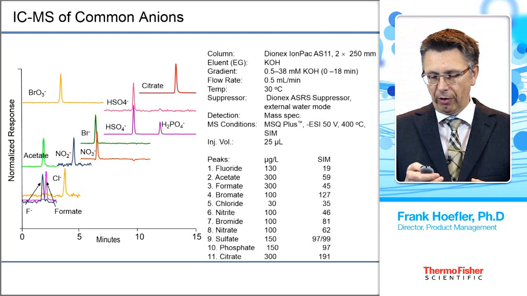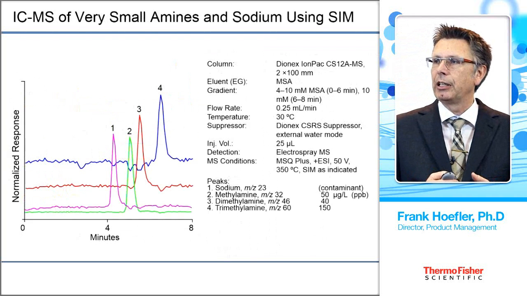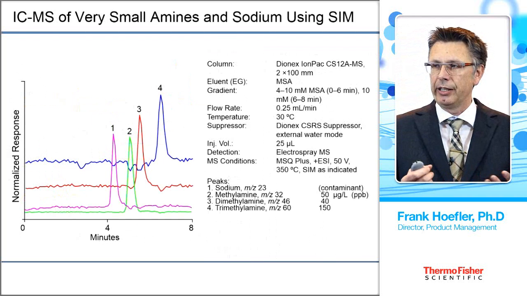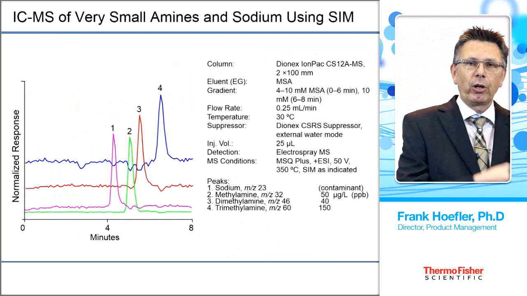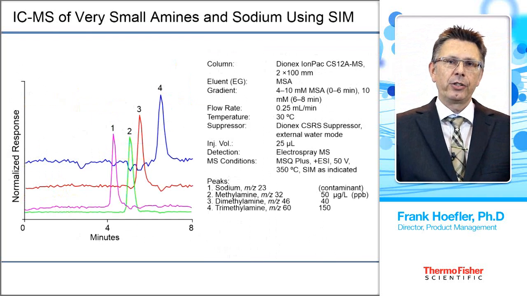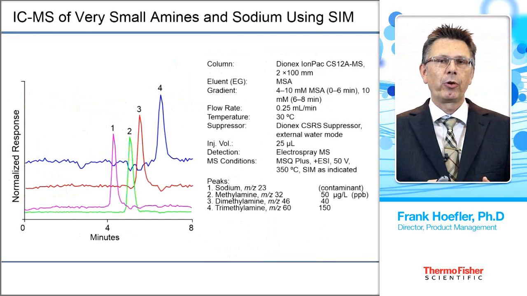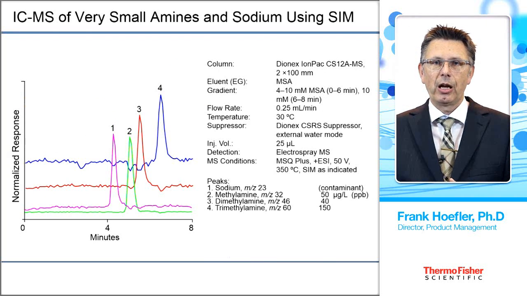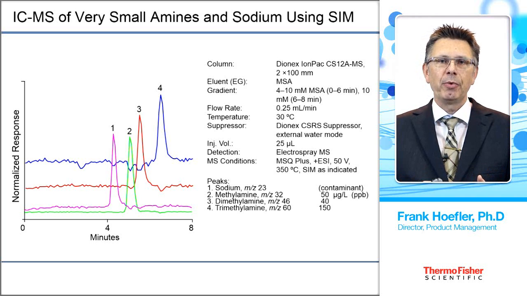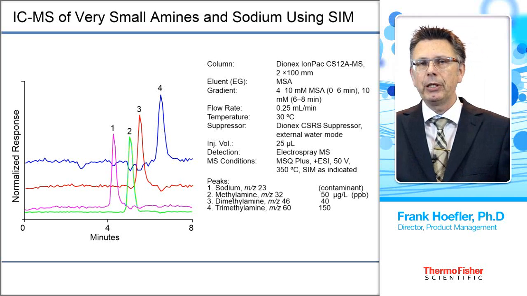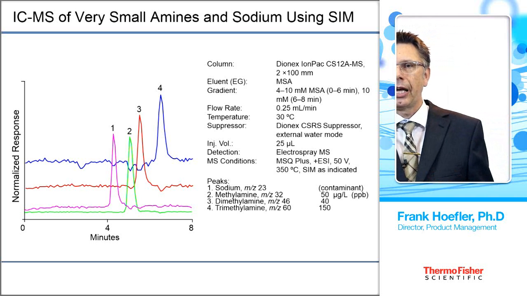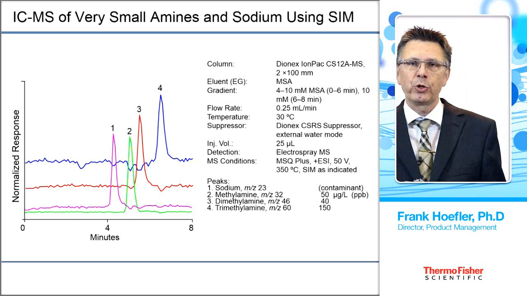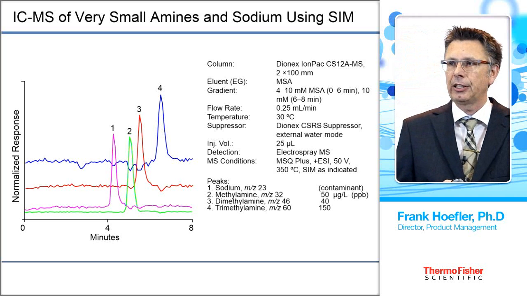Let's move a little further on and take a deeper dive into some other ion analysis. We talked about anion analysis being very common, but we can of course also do cation analysis. One of the areas where IC-MS is mainly used is small amines. Those are typically difficult to detect because they do not have a very high response factor in conductivity detection.